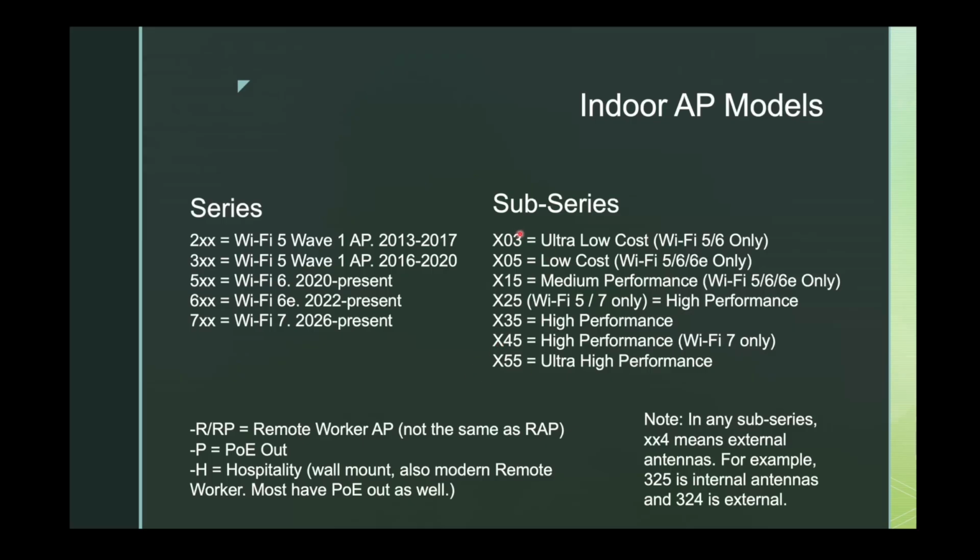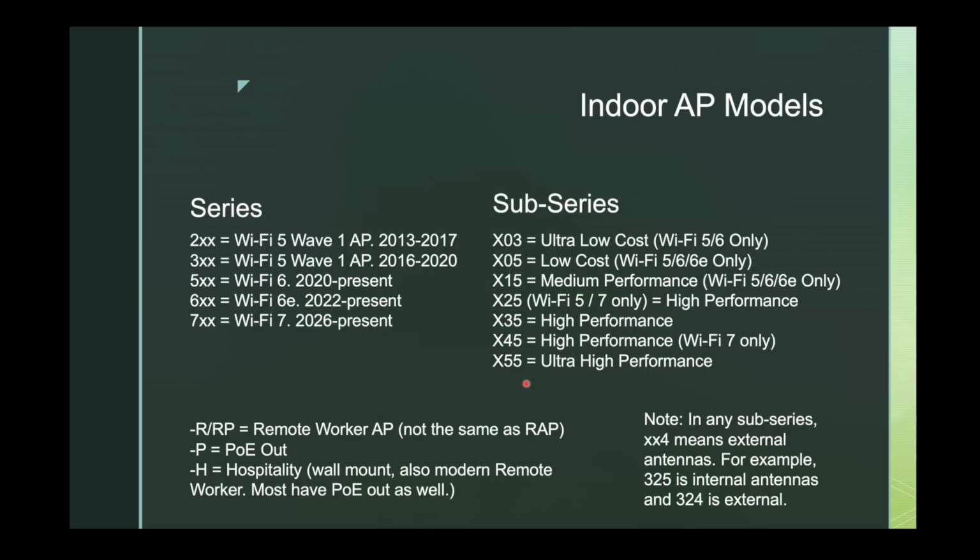Generally, what you're going to find is in the 03 and 05 series, these are going to be your 2x2 APs, optimized for low density environments. 15, 25, and 35 are going to be your 4x4 APs. And 45 and 55 are going to be either 4x4 or 8x8 MIMO APs, often with dual 5 GHz or 6 GHz.